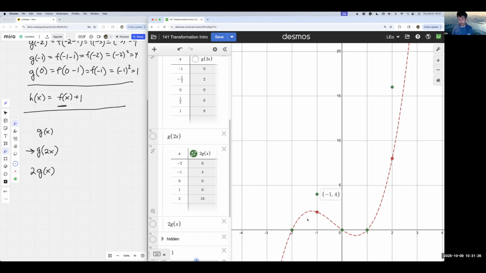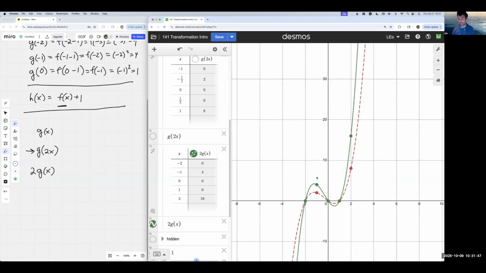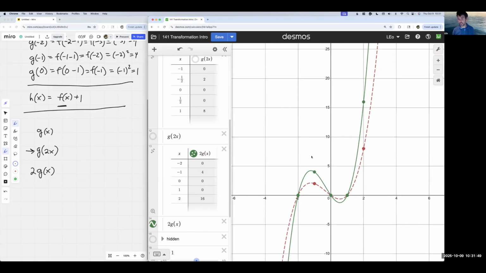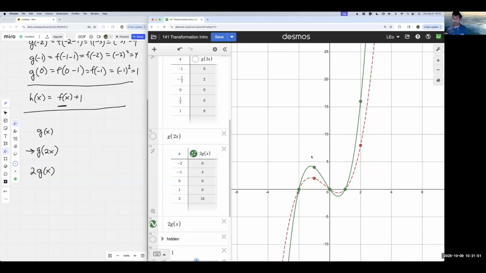So notice, right, a lot of our points just landed right on top of the original points because doubling 0 doesn't change anything. But here, -1 had the output of 2, but now -1 gives us a 4 because we double it. That input of 2 gave us an 8. Now that input gives us a 16. And when we look at that for our entire graph, what we get is a graph that is stretched vertically, right? We pull away from the x-axis.